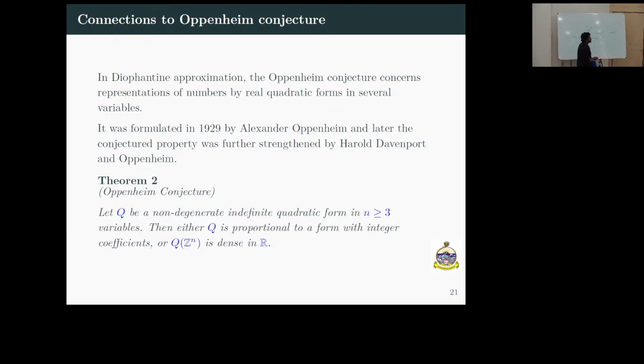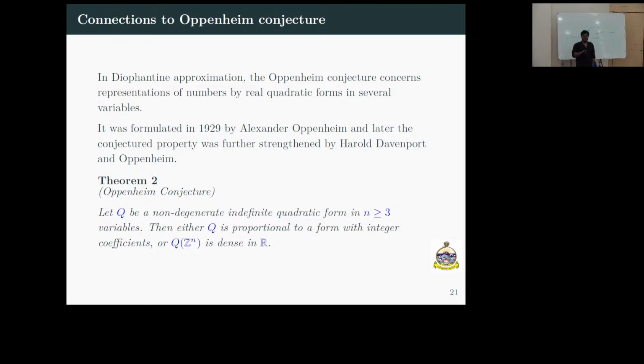And whenever n is greater or equal to 3, then this Q has a nice property: either it is proportional to a form with integer coefficients, or Q at all of Z^n is dense in R. You run over all Z^n elements, and these values are dense, right?